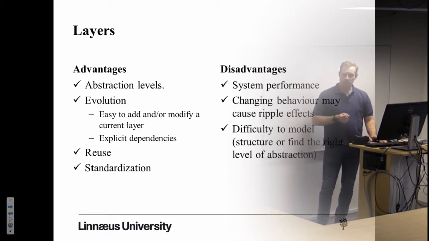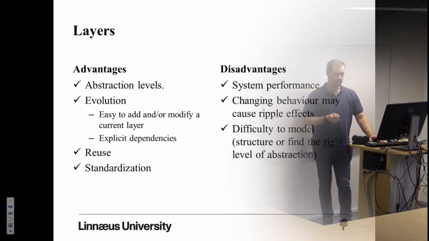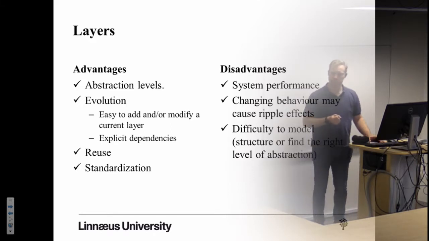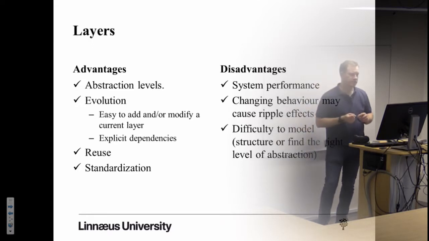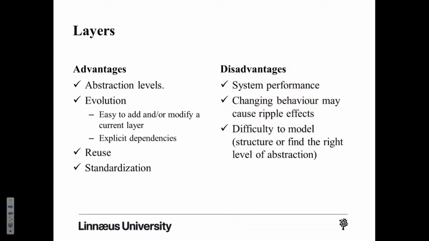Downside, the negative, performance, as I said. And if you change behavior, if it's not supported, you will get a ripple effect down the layers. But in general, this is I would say the most common model used for complex systems to manage complexity.